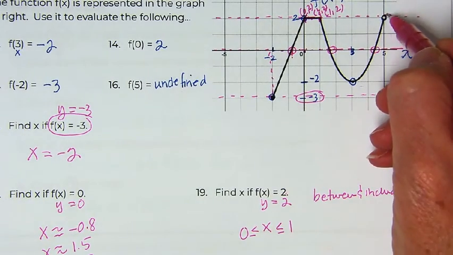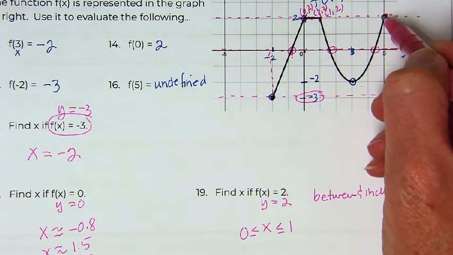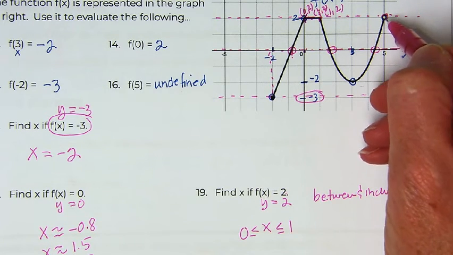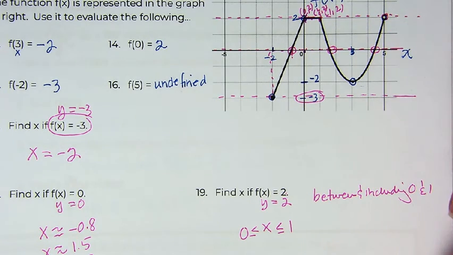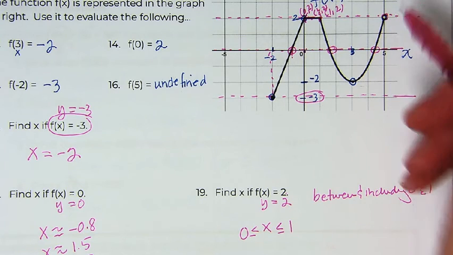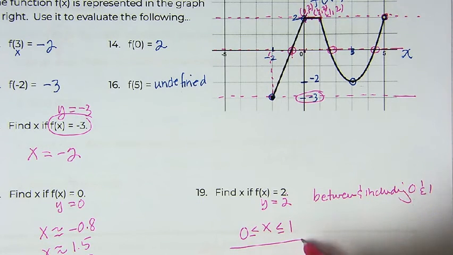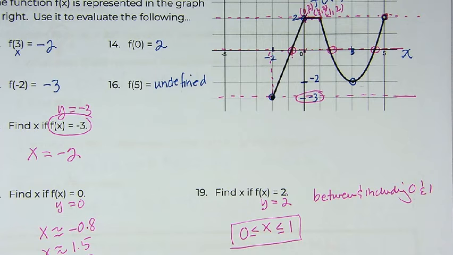Now it does appear that the output would be 2 here if that were a closed circle, but because that's saying we're not including that point, the only answers here would be for x values between 0 and 1.